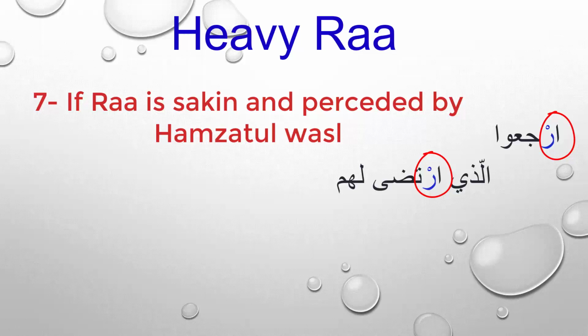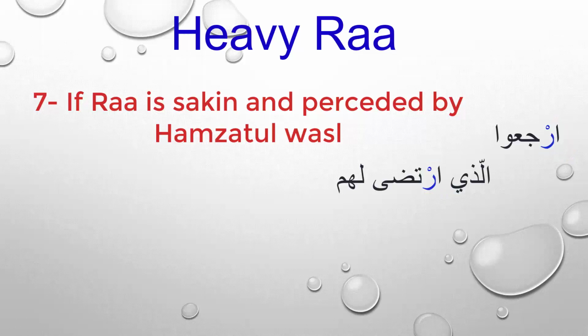And in the second example, الذي ارتضى لهم, Hamzatul Wasl is not pronounced because it comes in the middle of the ayah. And also Ra is still a heavy sound. So it doesn't matter if you pronounce Hamzatul Wasl or you drop it when it comes in the middle of the ayah. Ra is gonna be heavy in the two cases. Whenever Ra is a second letter preceded by Hamzatul Wasl, Ra is gonna be heavy.